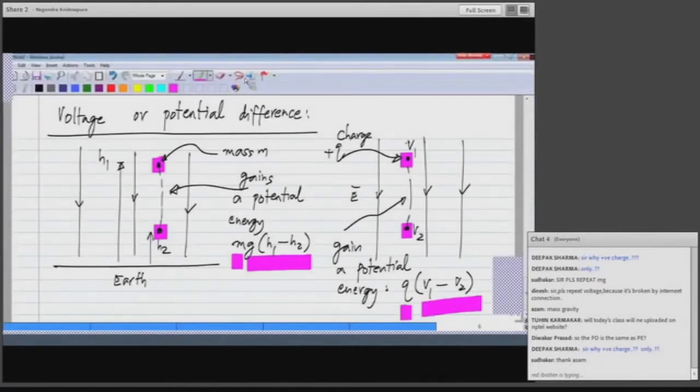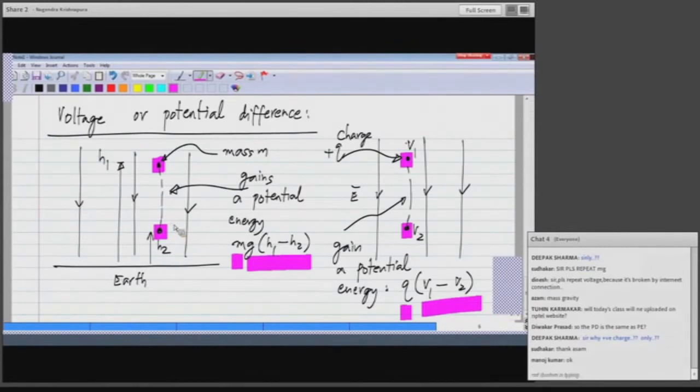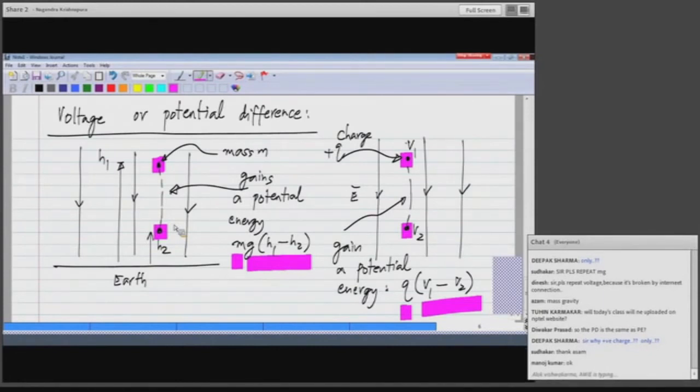Analogously, in an electric field, here I have shown on the right side, electric field pointing downwards. If you place a charge q somewhere, it will fall, that is, it will move in the direction of the electric field, and let's say it falls from one point where I have marked a potential of V1 to another point where I have marked a potential of V2, it gains a potential energy which is q times V1 minus V2.